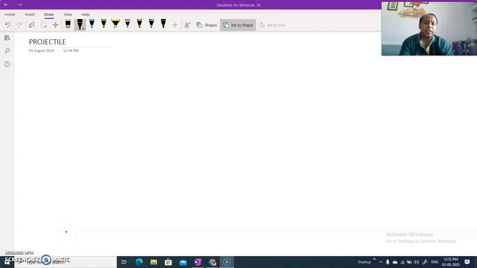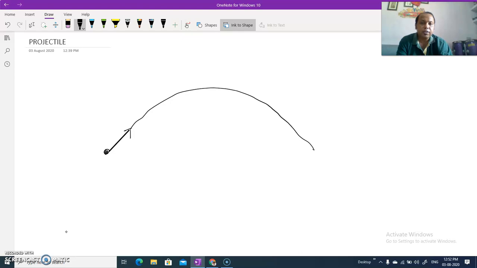See, when we consider a projectile, if we take, say for example, a piece of stone, and throw it in the air, what will happen? It will move and finally reach a particular height and then drop down to the ground, right?